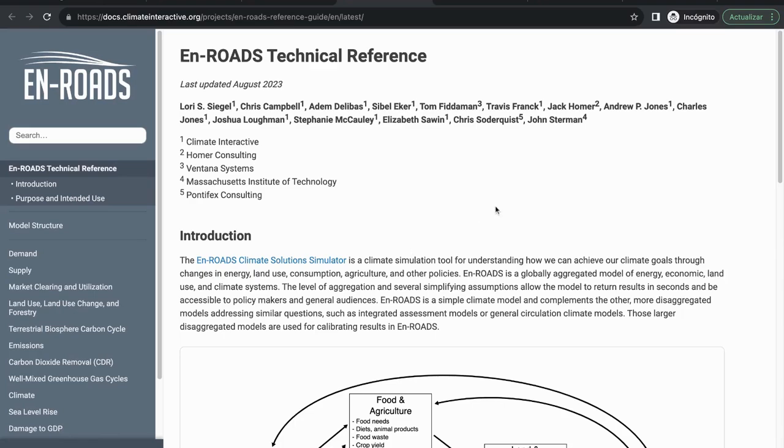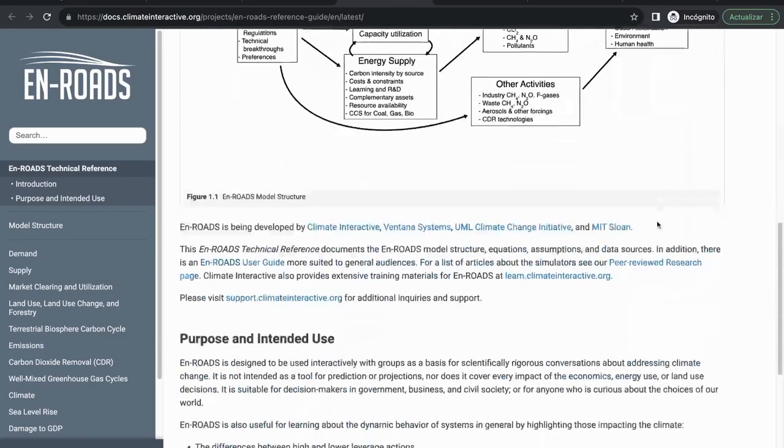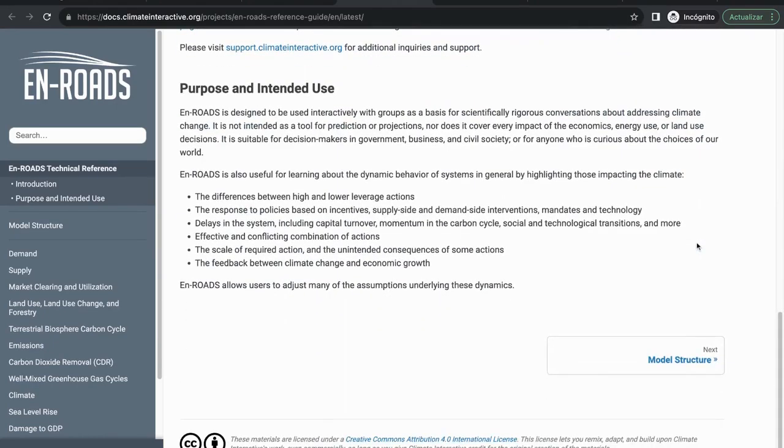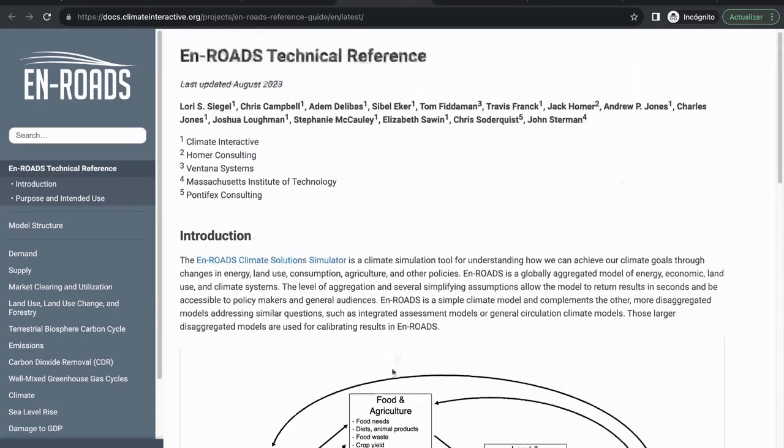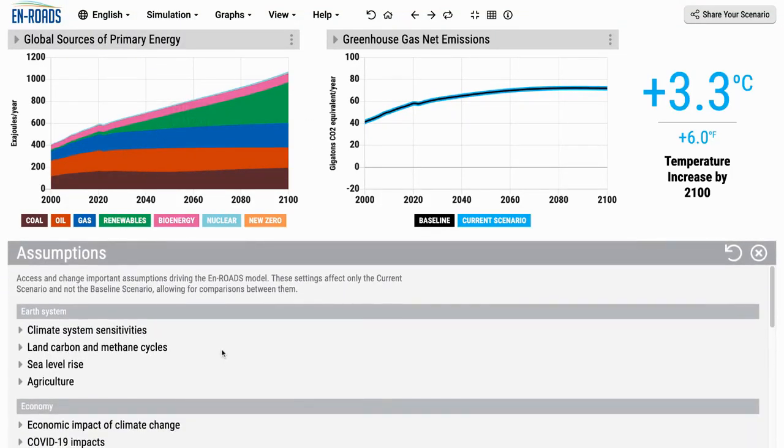All the equations in the model are shared in the reference guide that is available here on the En-ROADS website. One can review all of the equations in all of the sectors and all the parameters in the model. And many of the parameters can be changed here in the assumptions sector.